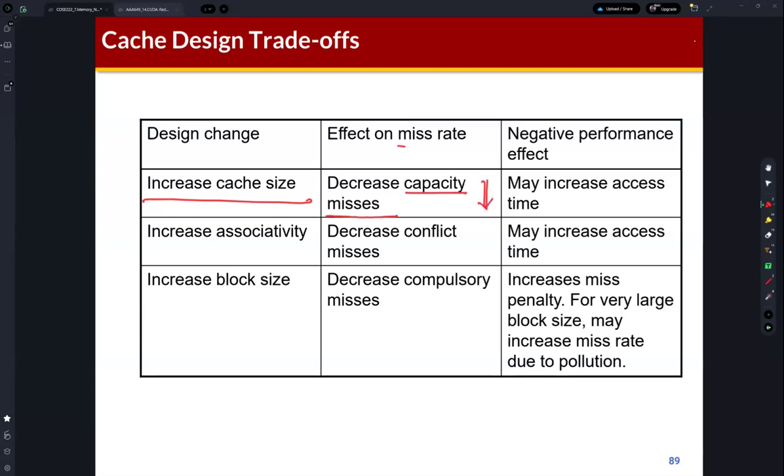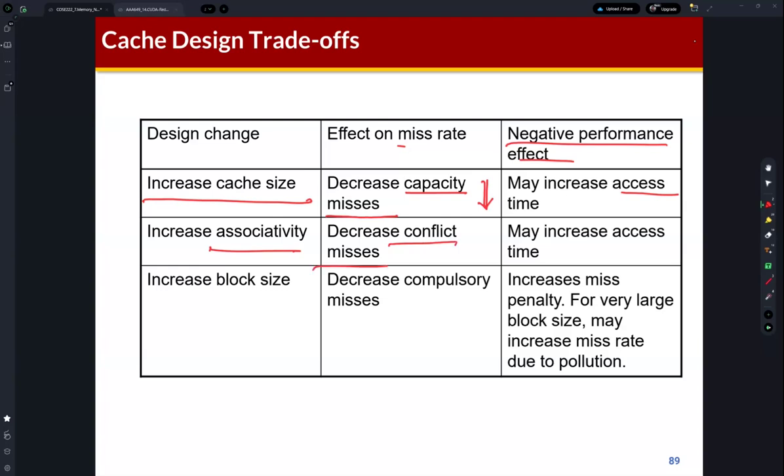But what is the negative performance impact? Access time, which means hit time, can be increased. I also explained that the L1 cache size is small because we want to reduce the hit time. But the problem is that if we use a smaller cache, capacity misses will be increased.